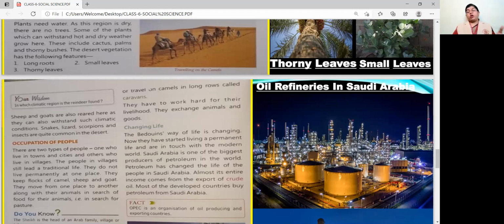Because they are keeping flocks of camels, sheep, and goats, they are moving from one place to another along with their animals in search of what? Food for their animals, that is the pasture land, the land on which the animals graze.